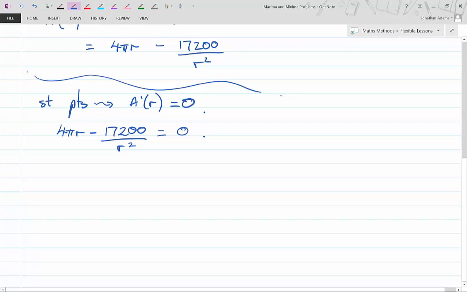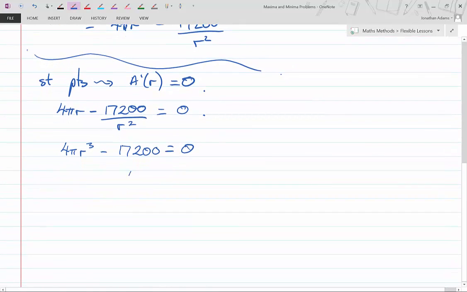Now let's tidy up. I'm going to multiply everything by r squared, so I get 4 pi r cubed minus 17,200 equals 0. Adding to the other side, 4 pi r cubed equals 17,200, so r cubed equals 17,200 on 4 pi.